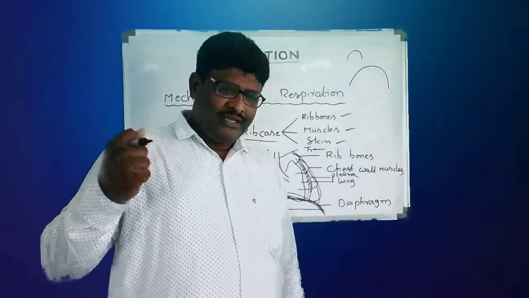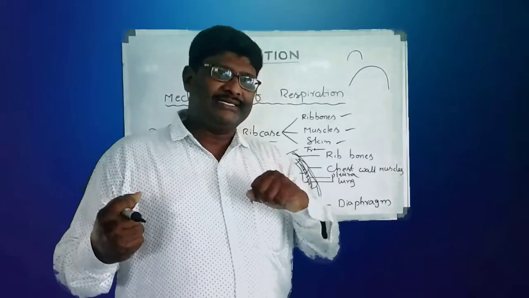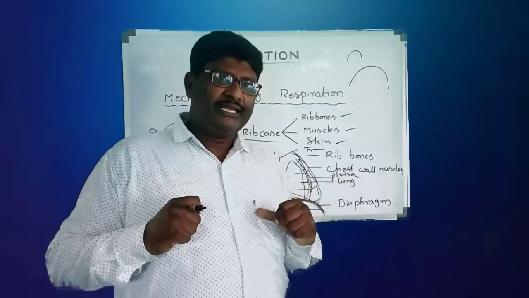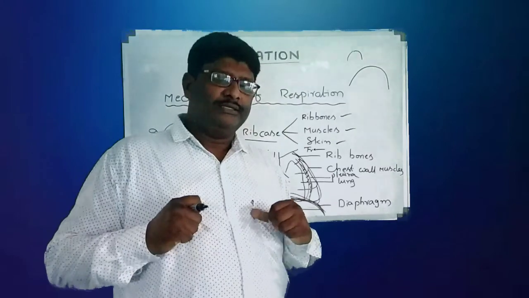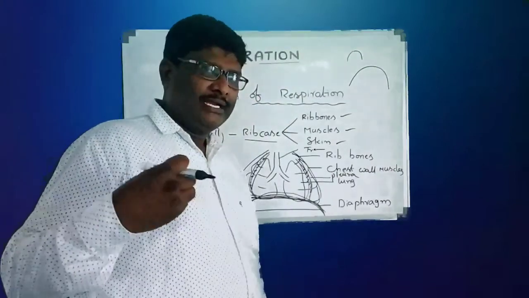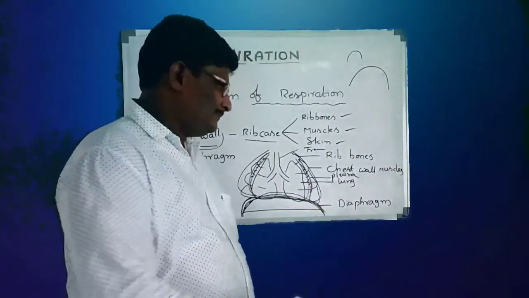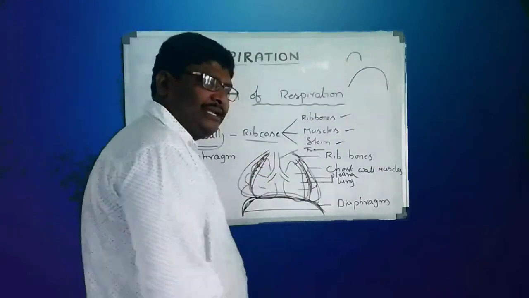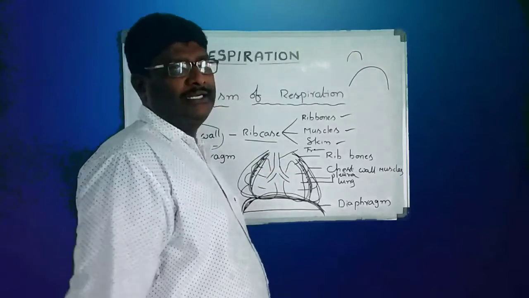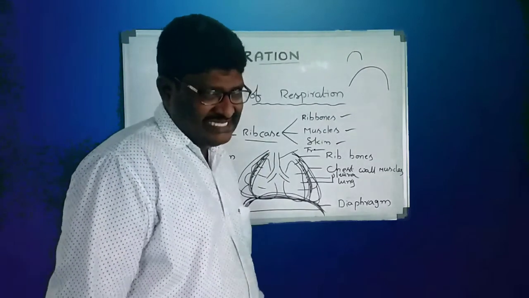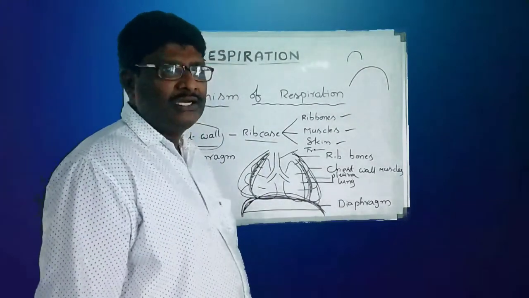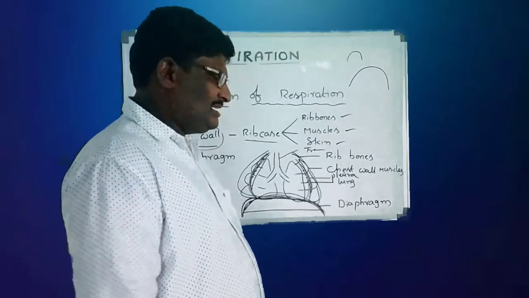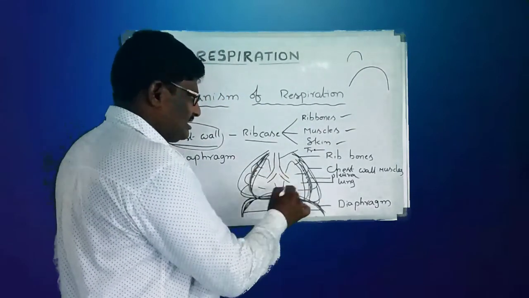When they hit us, that blow does not touch the lungs, because there is pleural fluid. It gives protection to the lungs from physical shocks. So this is the use of the pleural fluid.